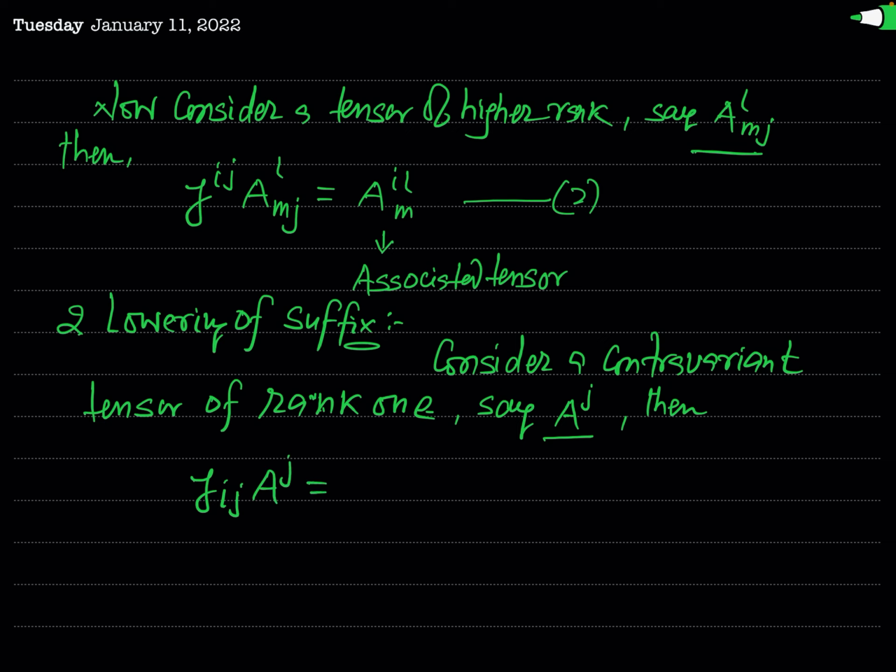Then G sub ij A super j is defined as A sub i, and say this is equation 3. You can see the same technique. Here j is once as a subscript and once as a superscript, so I have dropped it, and the result is a covariant tensor of rank 1.